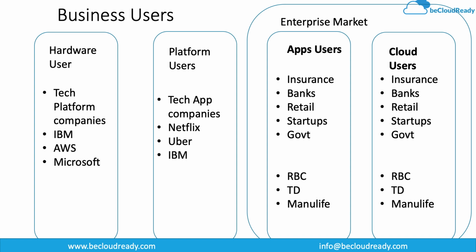Similarly, they may use an Oracle database and maybe a front end with some JavaScript. So these are, I would say, app users. And who uses cloud platforms? Pretty much similar: all enterprises, like government, startups, retail, insurance. Some of the names here are major Canadian names. They all use these kinds of applications, and they use cloud as well.